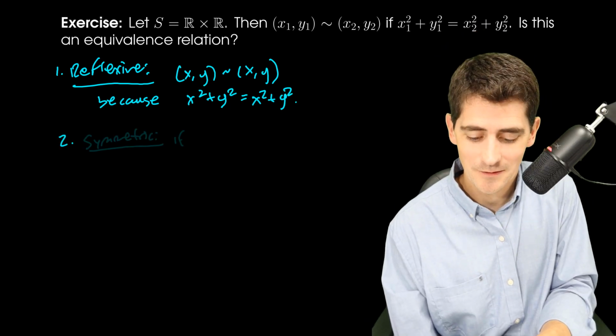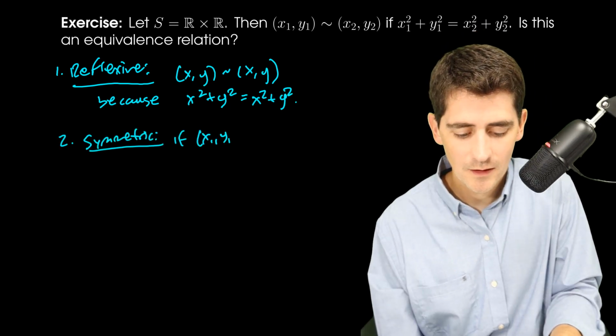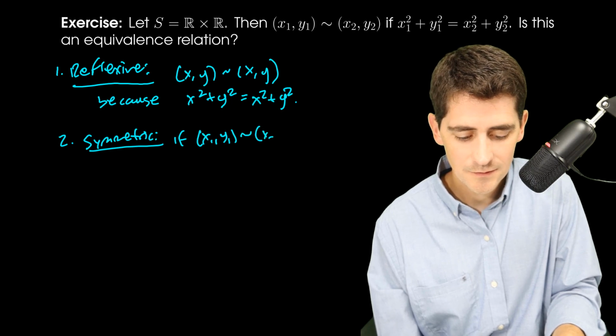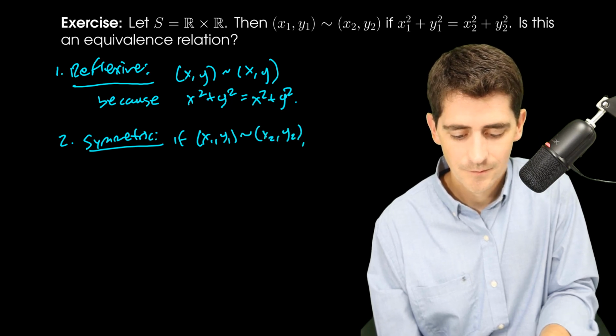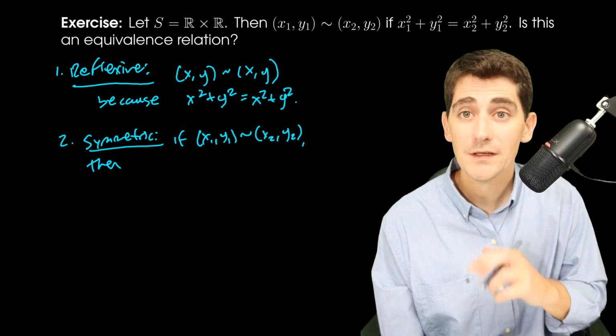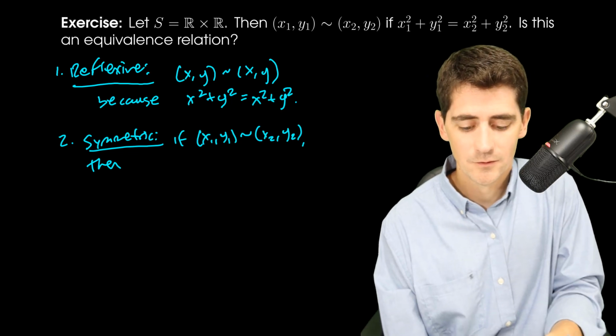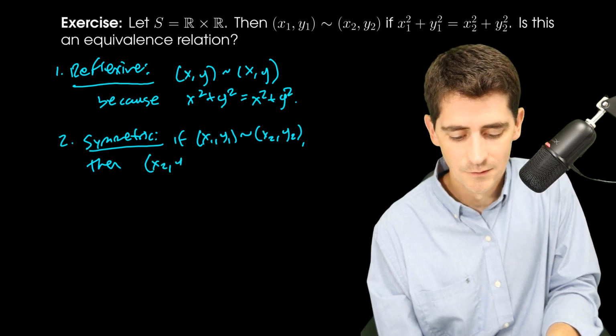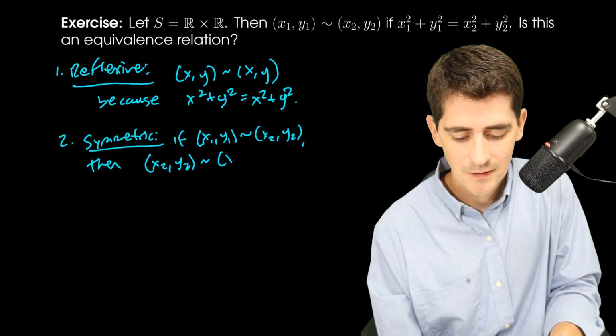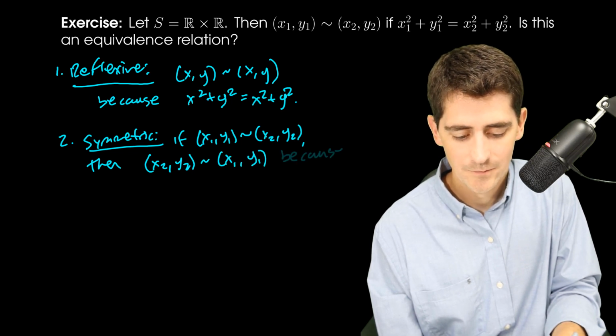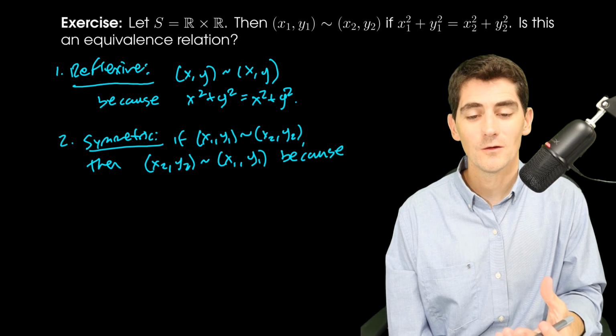Let's look at symmetric. If (x1, y1) squiggles (x2, y2), then we need the opposite direction to work. We need that (x2, y2) squiggles (x1, y1). We get to appeal to just good old-fashioned equals.